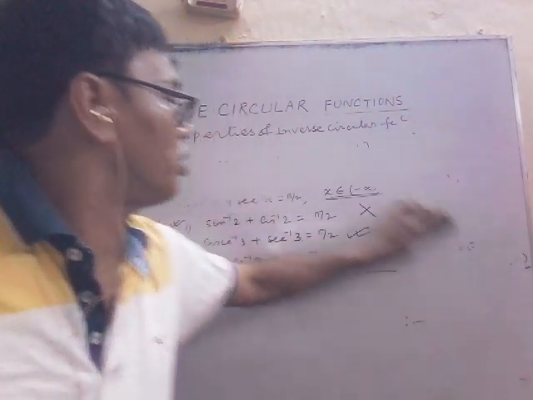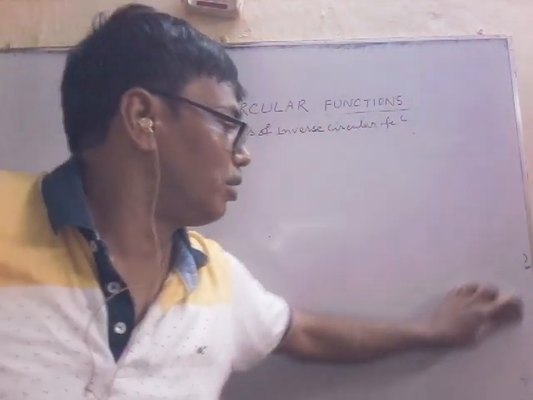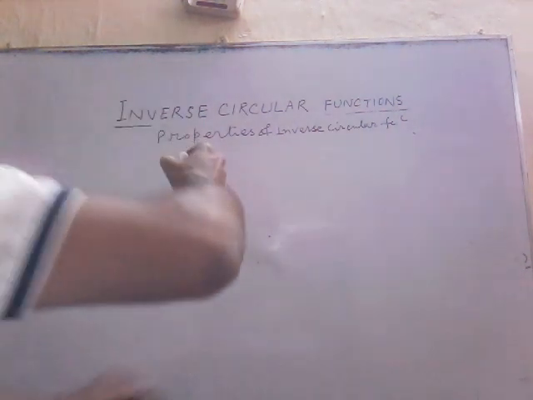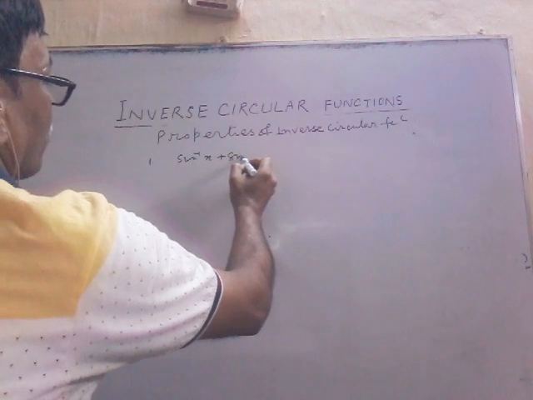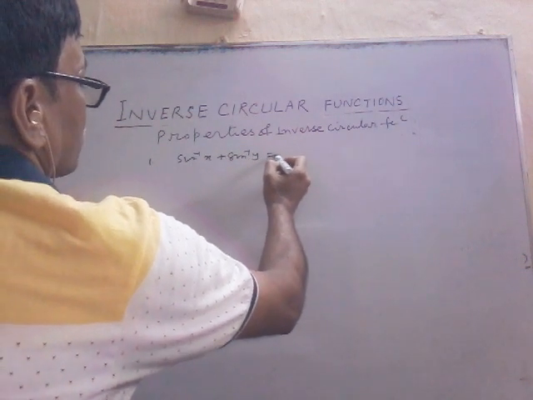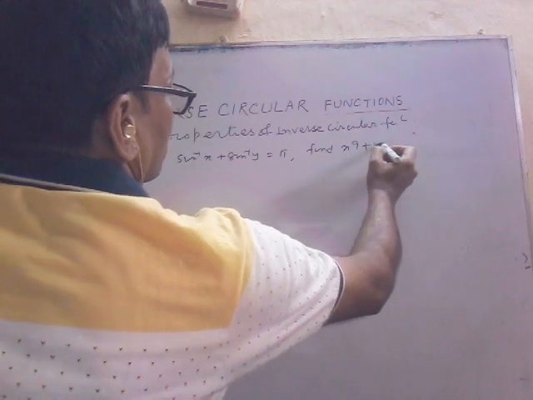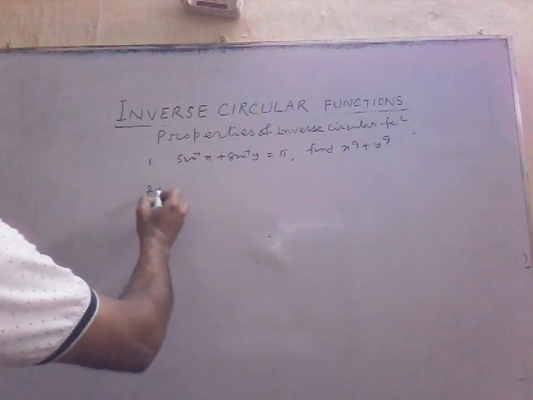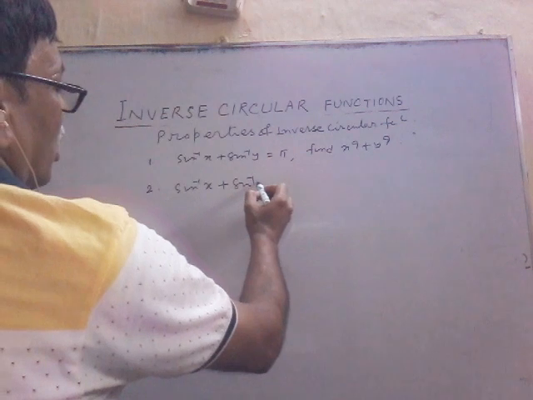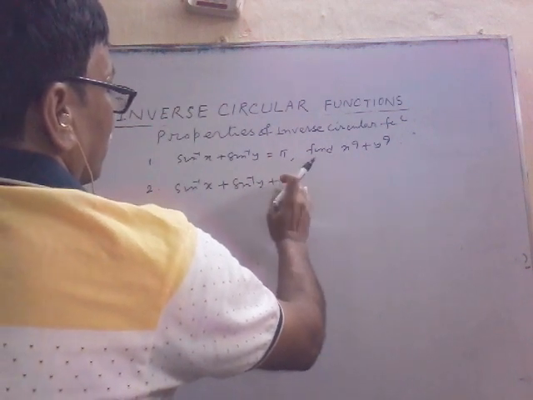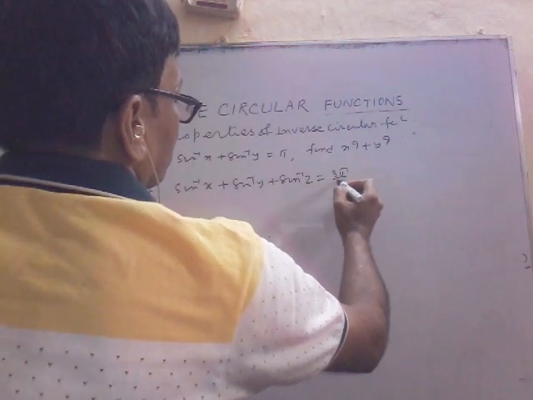Now one more important application of this introductory class. Look, problem number 1: sin inverse x plus sin inverse y equals pi. Find x to the power 9 plus y to the power 9. Sin inverse x plus sin inverse y plus sin inverse z equals 3 pi by 2.